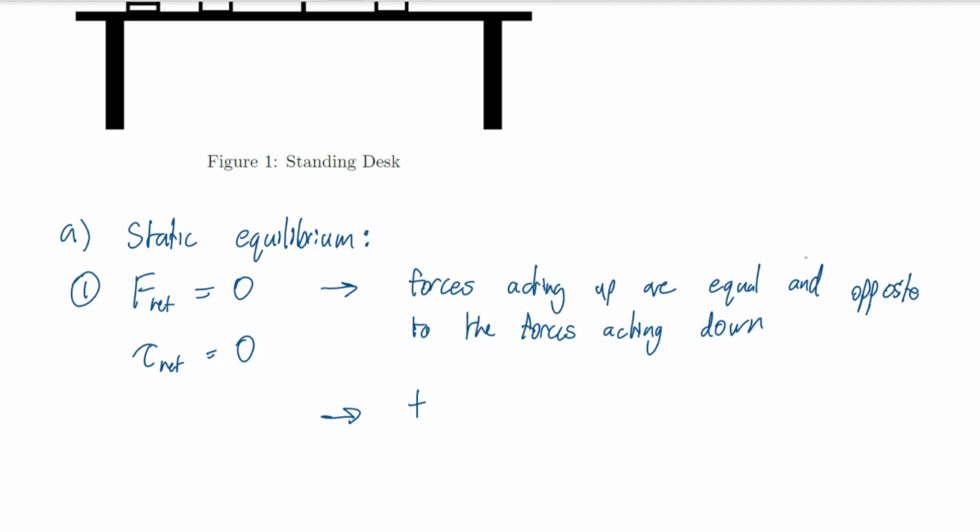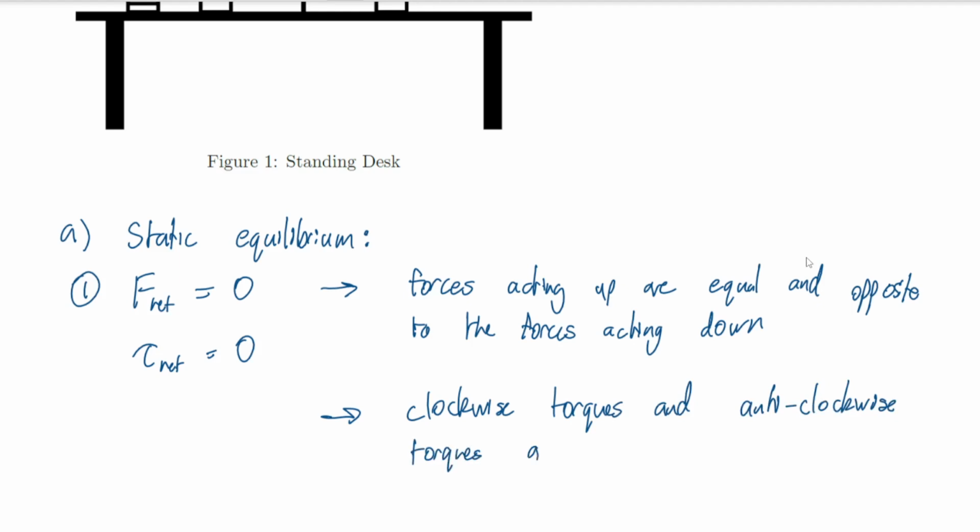instead of up and down, we use the words clockwise and anti-clockwise. So we'd say clockwise torque and anti-clockwise torques are equal in magnitude.